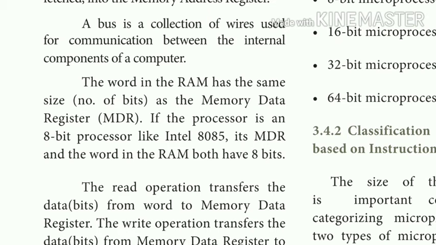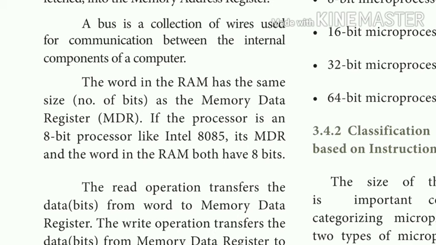So here you can see that the word is the number of bits that can be processed by the processor, but the MDR is the memory data register.